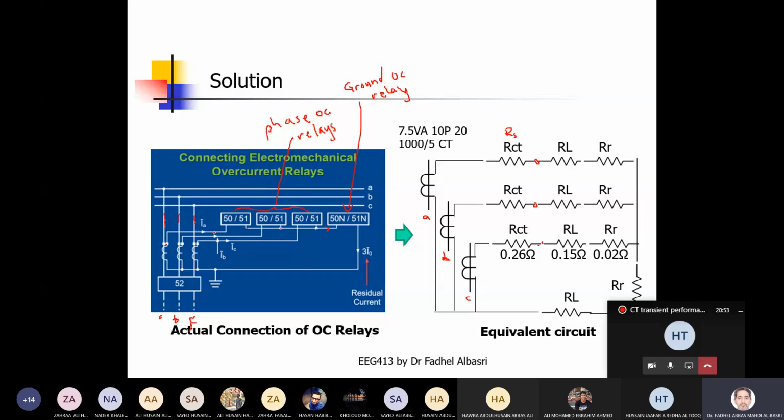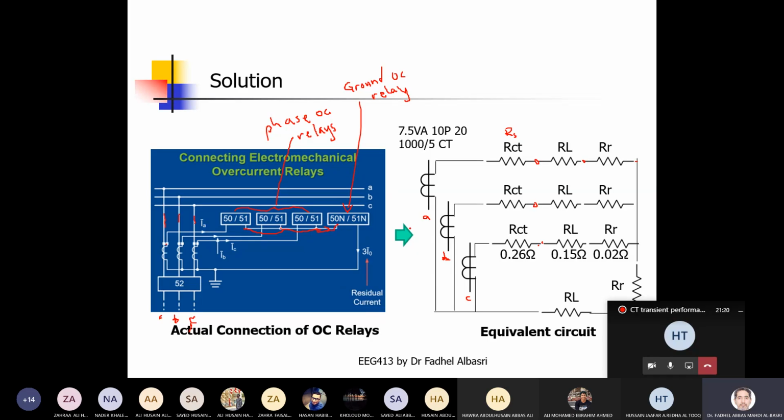Now I have a resistance that represents the wire that connects the CT to the relay, which is R lead, and I have a resistance that represents the relay itself, RR. And I have a star point. This is for the second phase, and this is for the third phase. And then I have a star point, which is this point now.